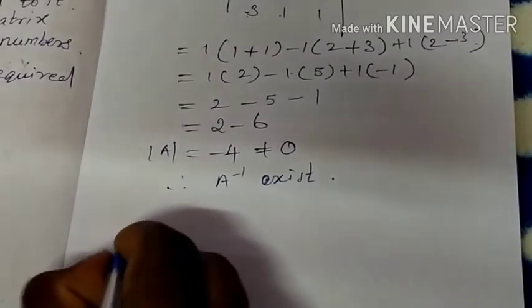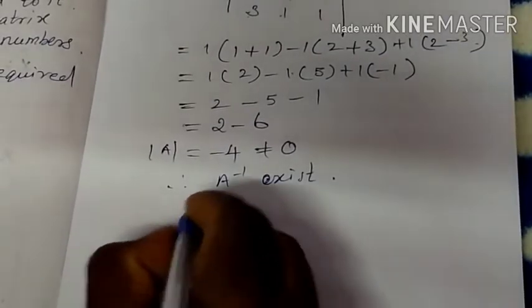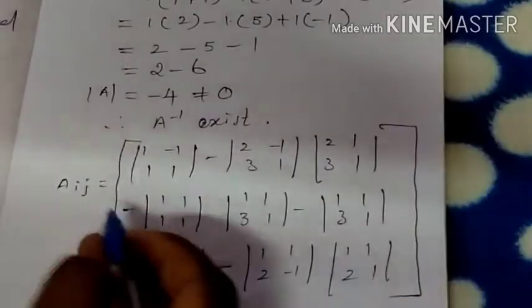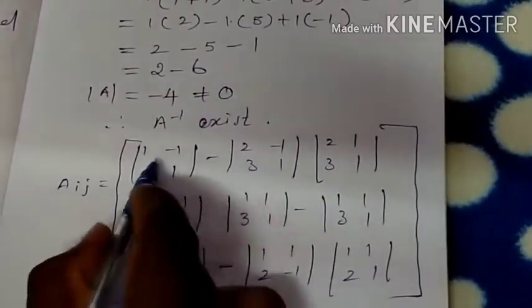The cofactor Aij is the determinant value of the remaining minor. This is already known, so I am directly writing it. Finally we get Aij equal to 2, minus 5, minus 1, 0, minus 2, 2, minus 2, 3, minus 1.